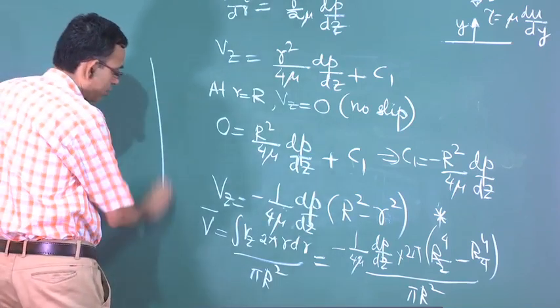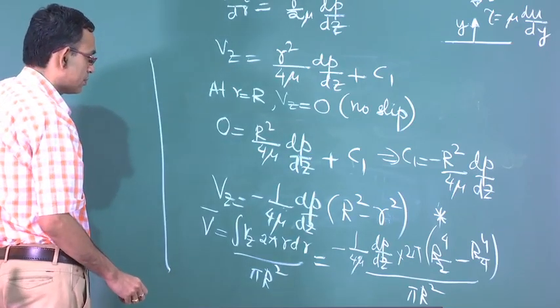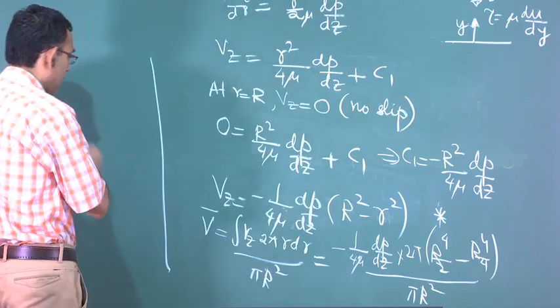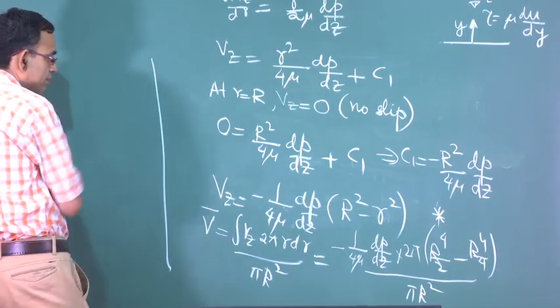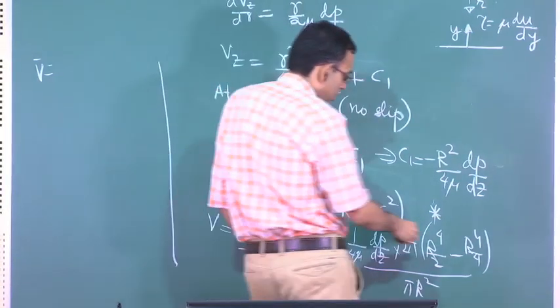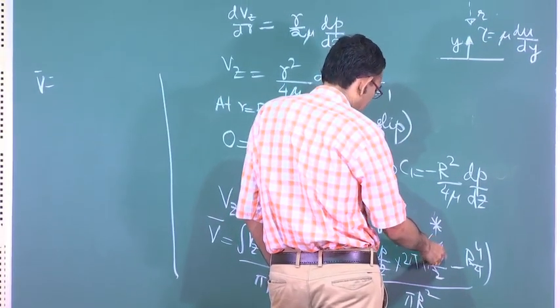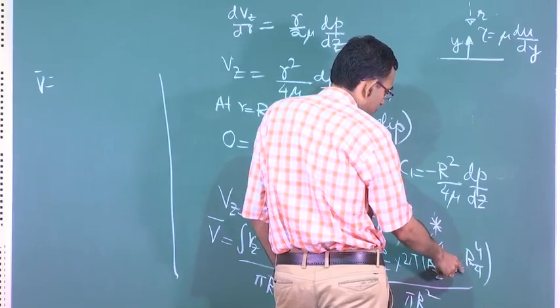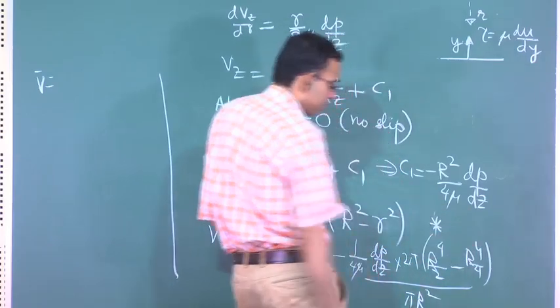So, let us work it out here. So, V average, so this becomes R 4 by 2 minus R 4 by 4, this is R 4 by 4.